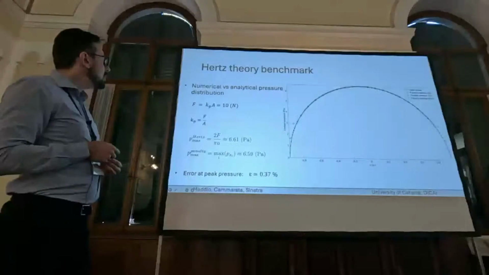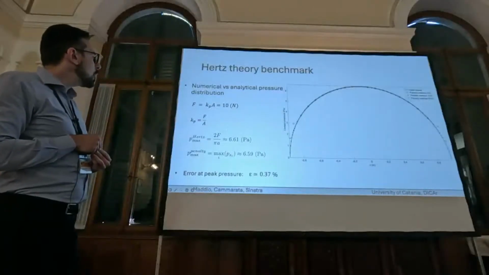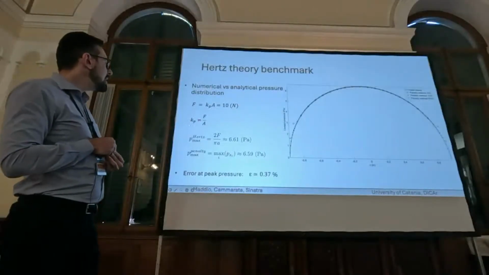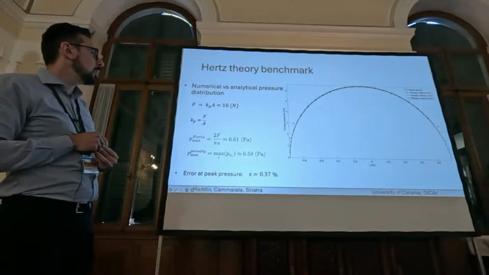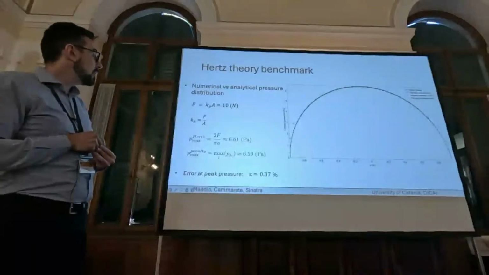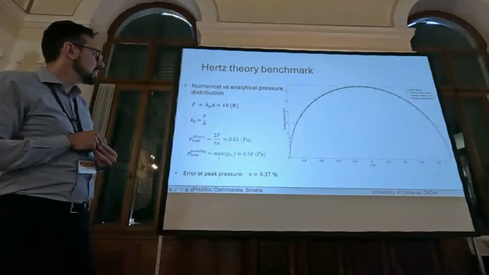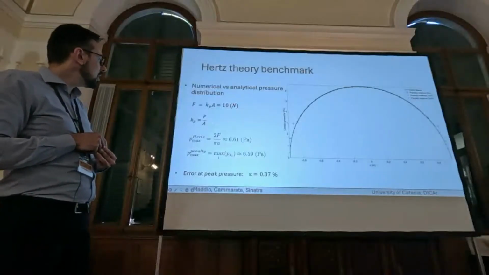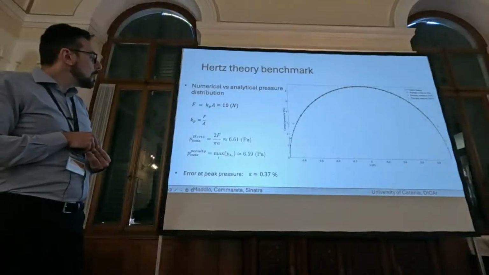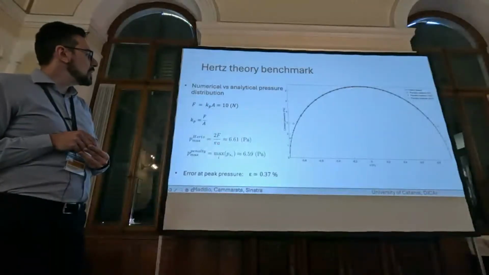In this case, by adopting a penalty coefficient equal to the value imposed with respect to the example reported in the Hertz theory of Johnson's book, we can compare the two maximum values.